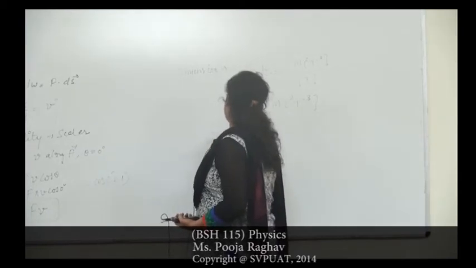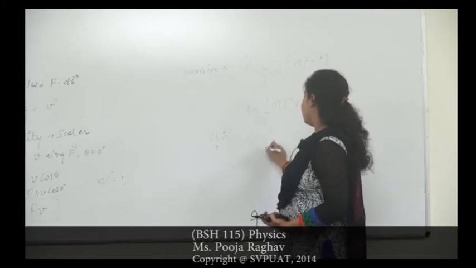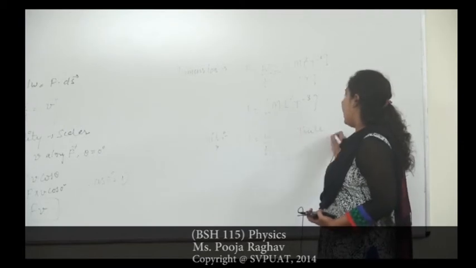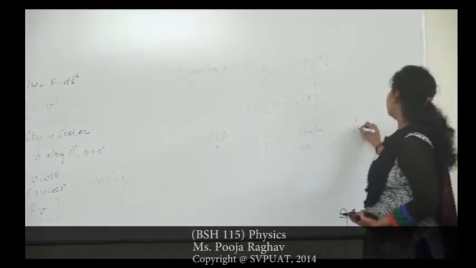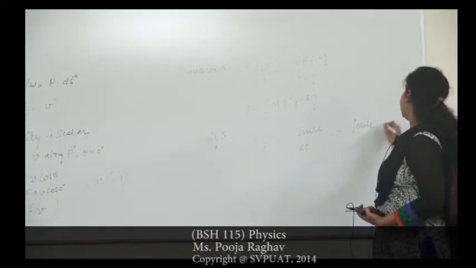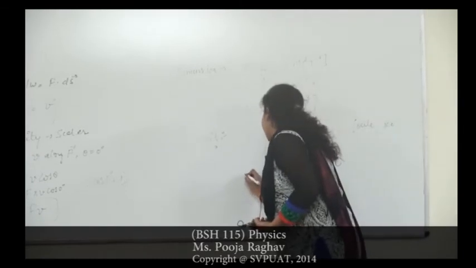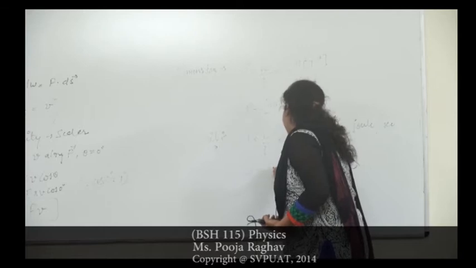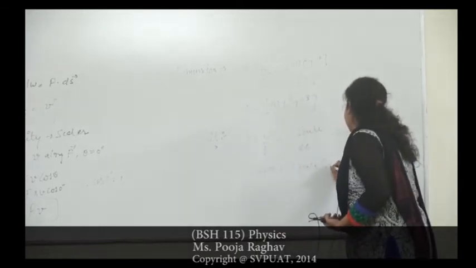What is the unit of power? We know that P equals W upon T, and work done is in joule and time is in second. That means joule per second, or it may be written as 1 watt equals 1 joule per second.